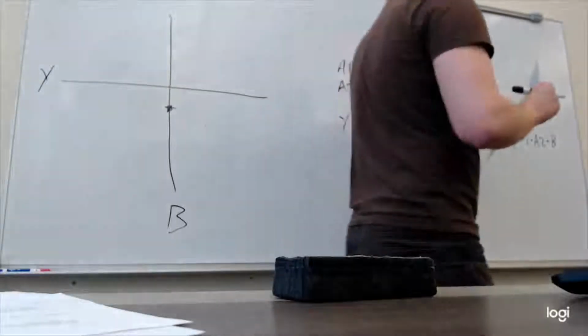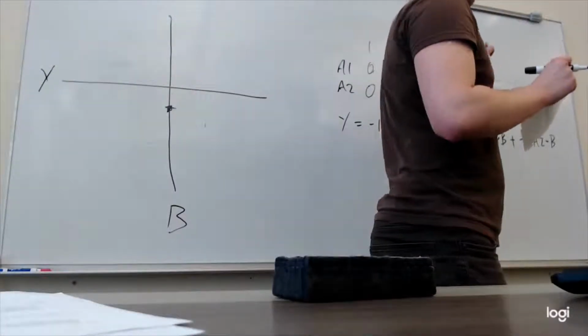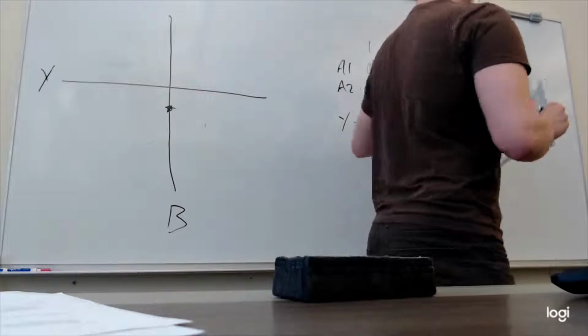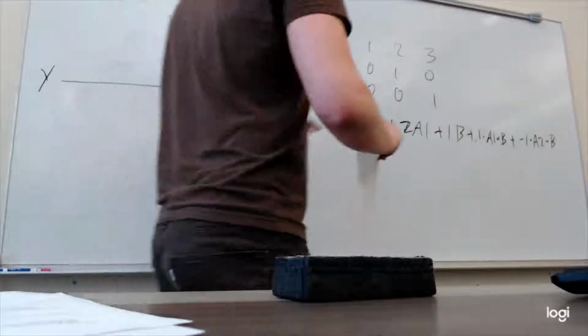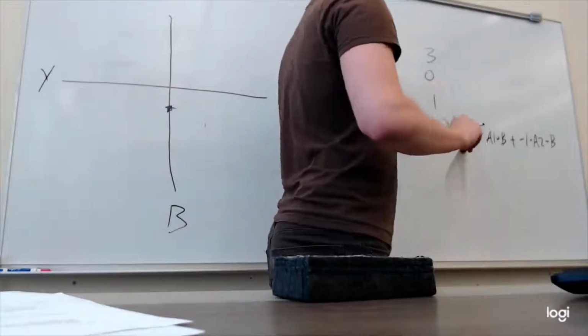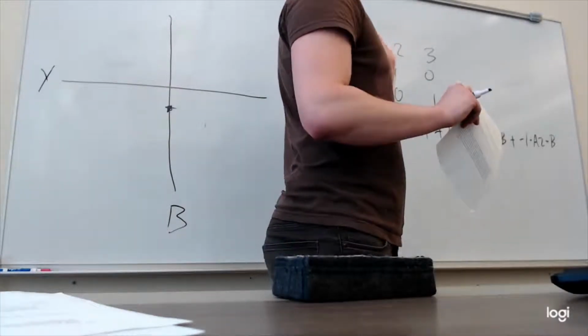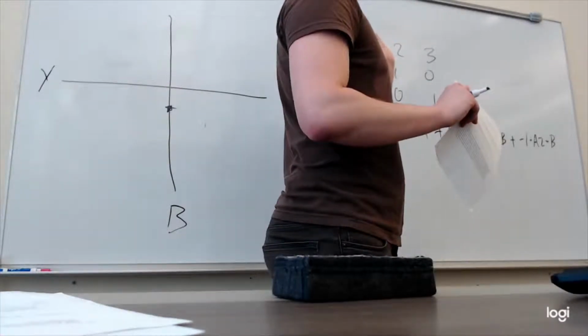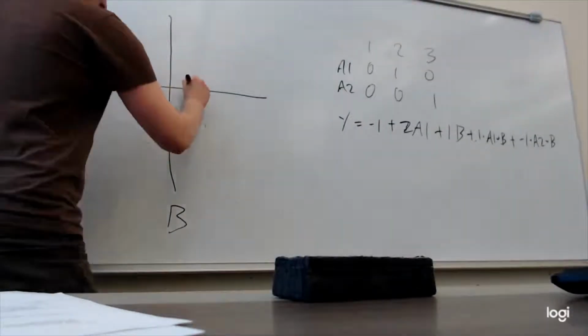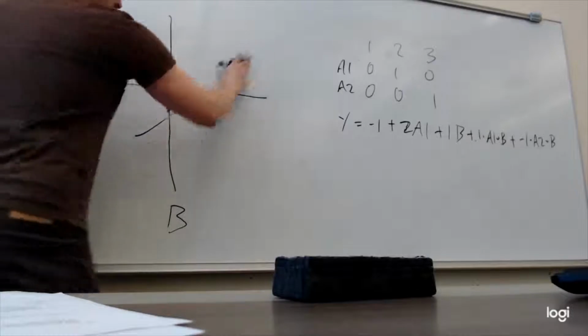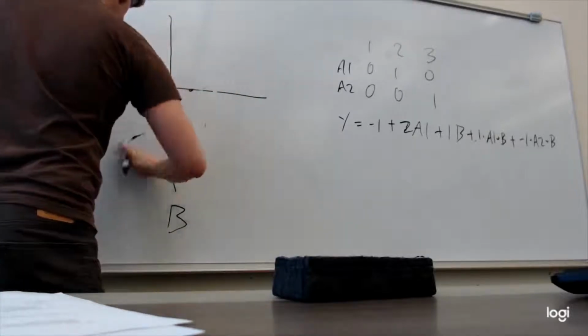This number right here is exactly what tells us the slope of B, which is what we want to plot here, at 0 on A, which is level 1. The slope's 1, right. So that's one line.